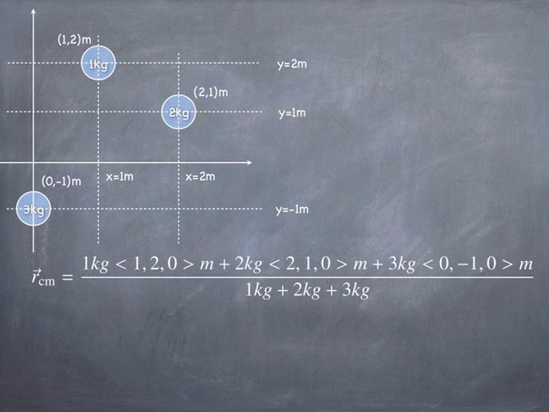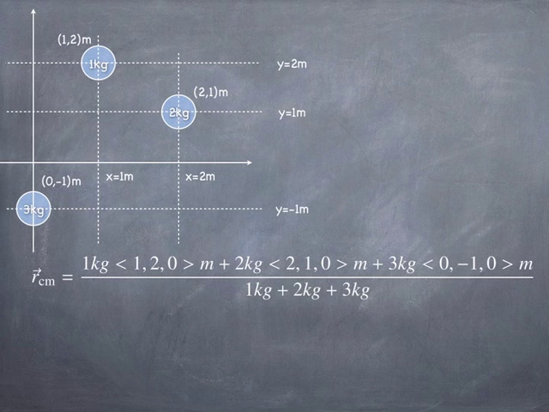Notice that the 2, 1 position gets counted twice because there are 2 1 kilogram masses there, and the 0, -1 position gets counted 3 times, because there are 3 1 kilogram masses there. And you divide by 6 because there are 6 1 kilogram masses altogether. So it's simply the sum divided by the total number of 1 kilogram masses.